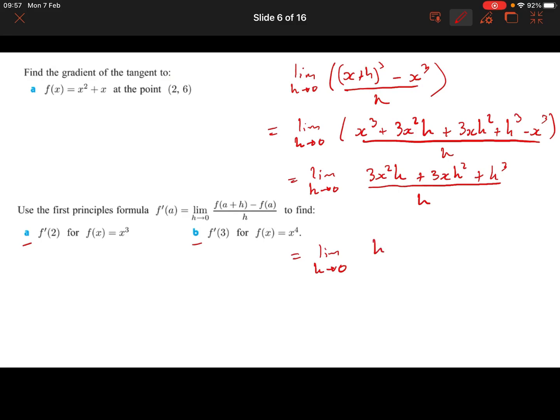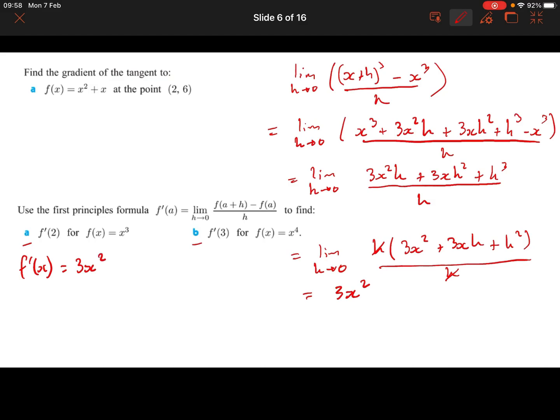So I'm going to factor out an h. I'm going to get 3x squared plus 3xh plus h squared all over h. So I can now cancel away the discontinuity. Now as h tends to 0, all I'm left with is 3x squared. So f prime of x is equal to 3x squared.